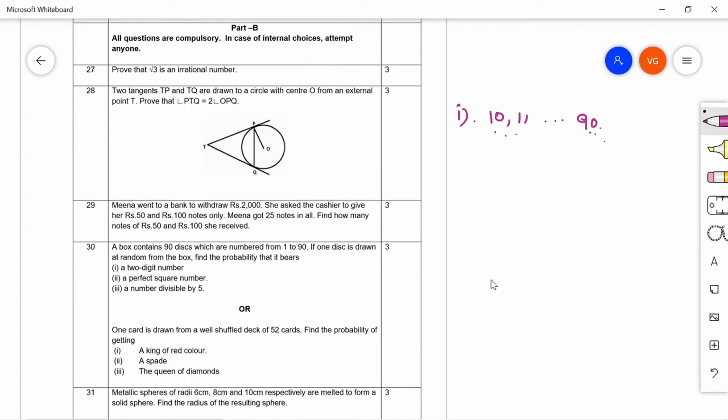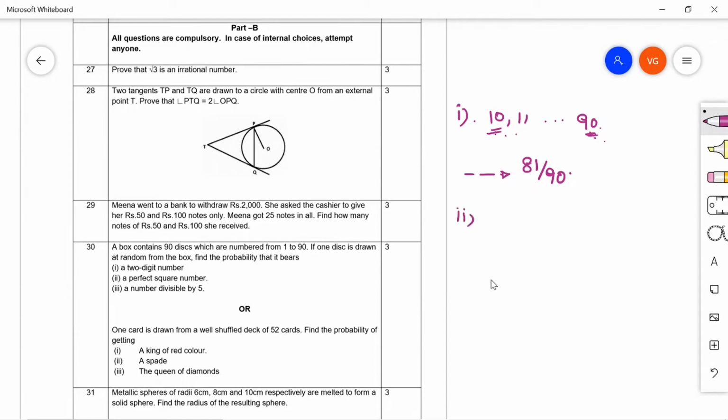So don't get confused. Don't think that 90 minus 10 is 80. Here 10 also you're including, 90 also you're including. So totally it will be 81. So the probability of getting a 2-digit number is 81 by 90. So you have to write the statement and then write it down.